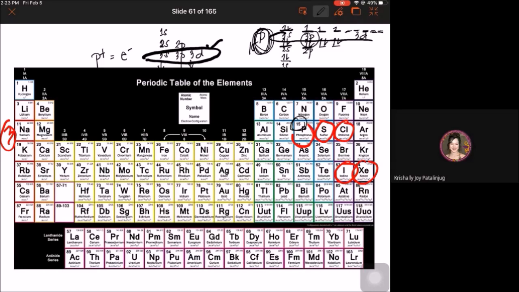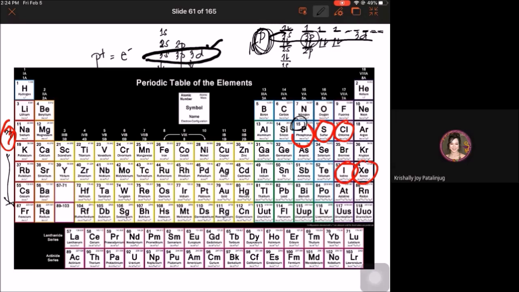Kasi large siya na atom, meron siyang empty orbital. Okay, so ang criteria talaga for those central atoms na pwedeng mag-expand, pwedeng mag-hold ng more than 8 electrons, is yung mga atoms, usually from period 3 and baba.